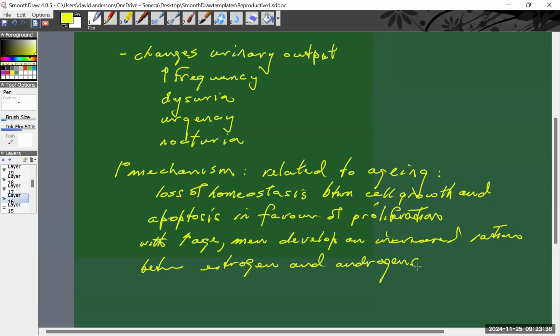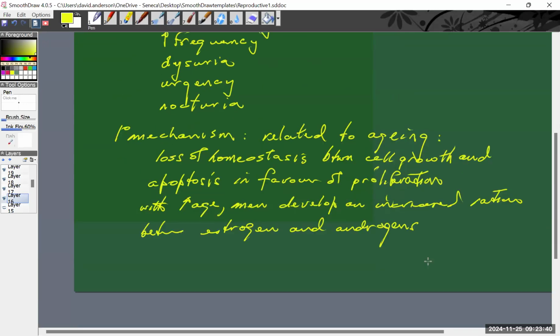So what we know happens in a significant percentage of men is that with aging, enzymes that are responsible for converting androgens to estrogen increase in their numbers and in their activity levels, so that more androgens will be converted to estrogen. And when estrogen targets the prostate gland, it has a proliferative effect on the prostate gland.